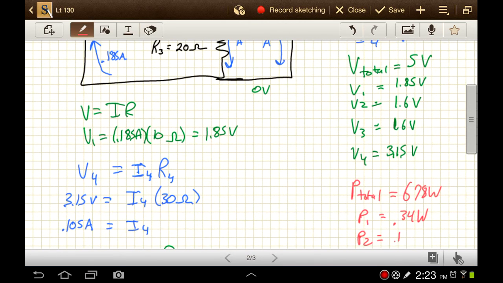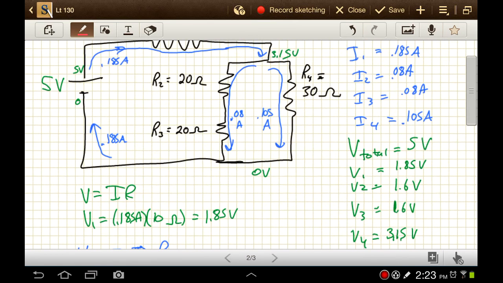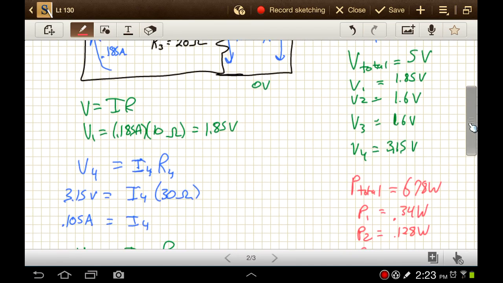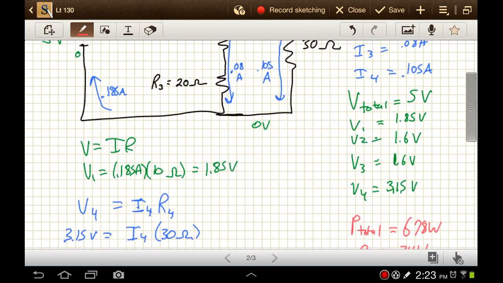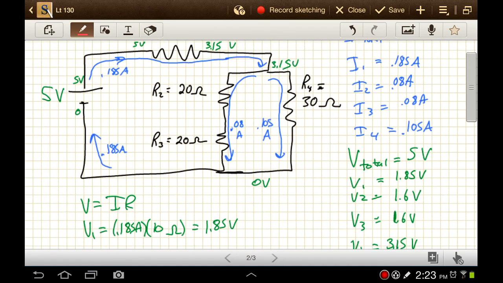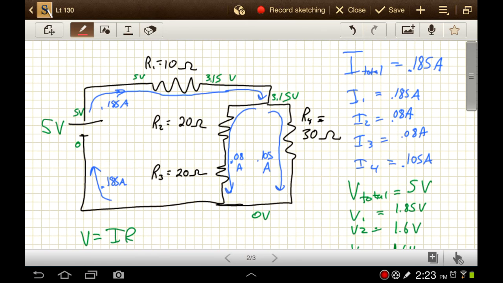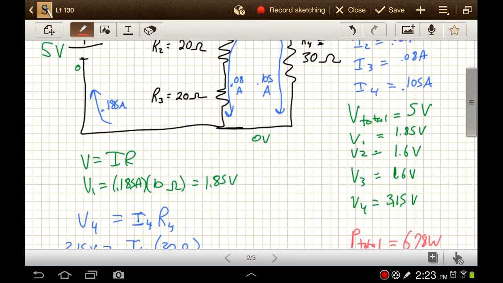And for the third one, we've got 0.08 amps times 1.6 volts. Oops, I just did that one. Same as the last one we just did, so that's still 0.128 watts. And then our fourth one is 0.105 times 3.15, which gives us 0.33 watts.